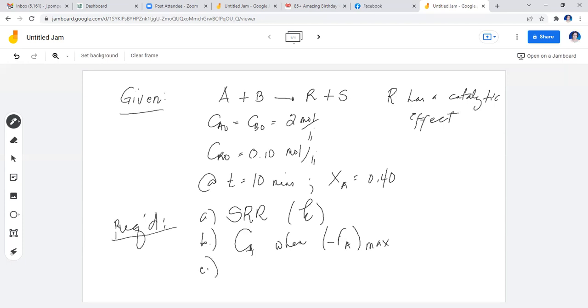And letter C, the time when the reaction velocity is maximum, so T when rate is also maximum. So these are the three pieces of information that we need to determine: the K, the C sub A, and the time when the rate is maximum.